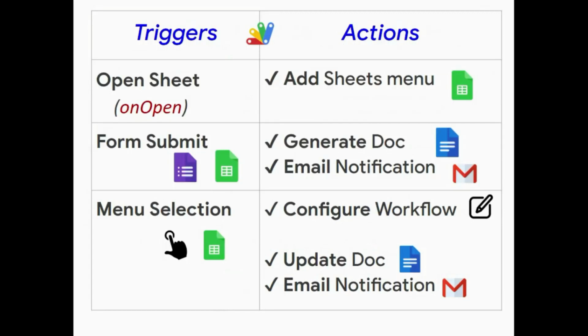And then the last type of trigger that we're going to see today is just triggered by a menu selection. So again, when you open the Google Sheet, there will be a menu added, and then the business owner would use these menu selections to trigger additional workflow, both for configuring the workflow as well as doing the approval process and sending out more Gmail notifications.